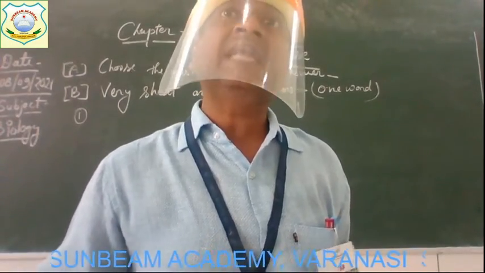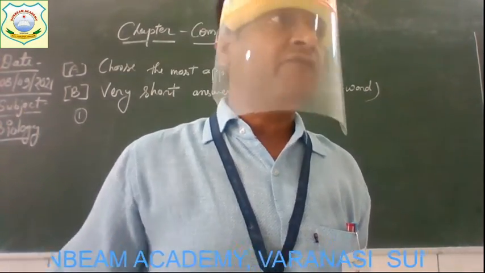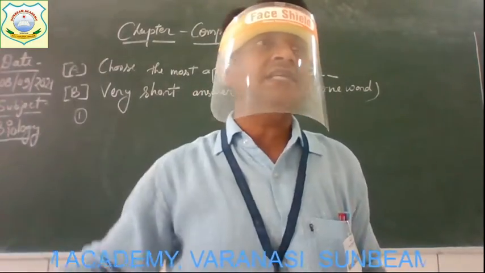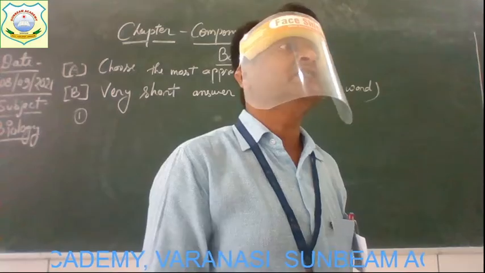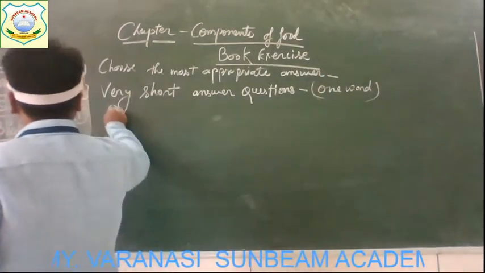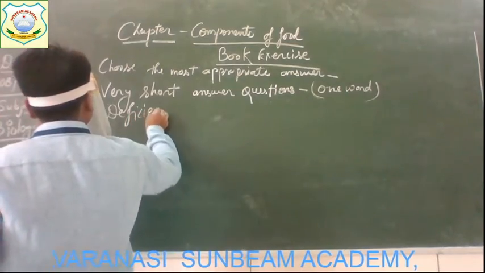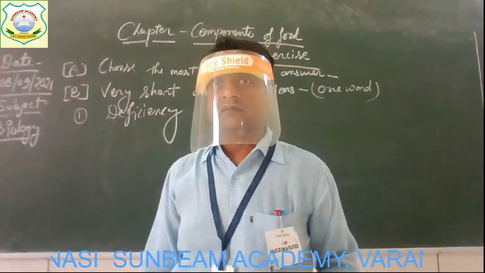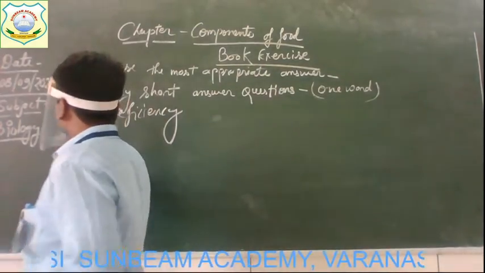It's not given that lack of protein or lack of vitamin or whatever. So all such diseases are known as deficiency diseases. Get it? So what will you write here in the first one? Deficiency diseases. Clear? Now come to question number 2.